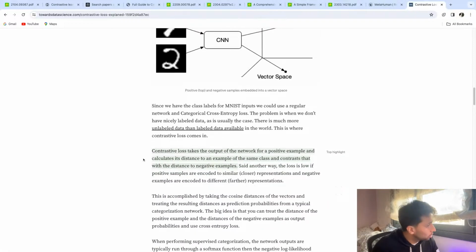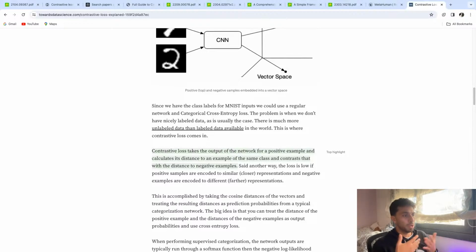So, what is contrastive loss? Contrastive loss takes the output of the network for a positive example and calculates its distance to an example of the same class, and contrasts that with the distance to negative examples. Said another way, the loss is low if the positive samples are encoded similarly.